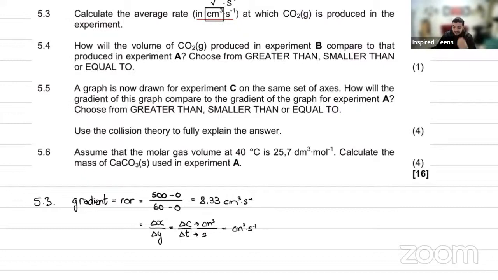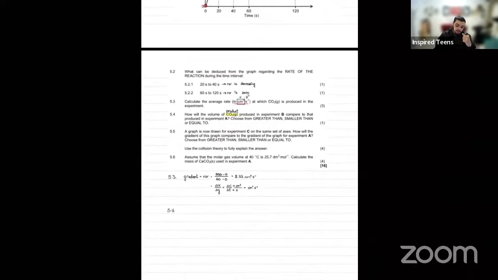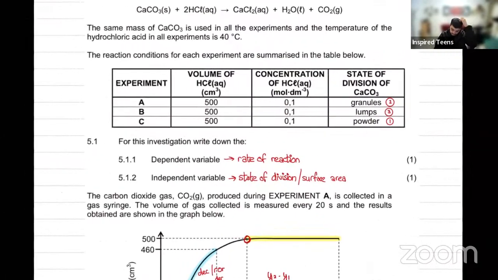So they are asking, how is the yield affected? Because CO2 is a product. Remember, yield is the amount of product we anticipate to form. They're asking how the amount of CO2 will be affected by a change in surface area.